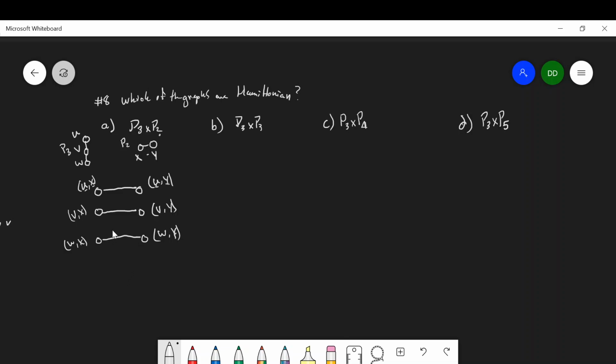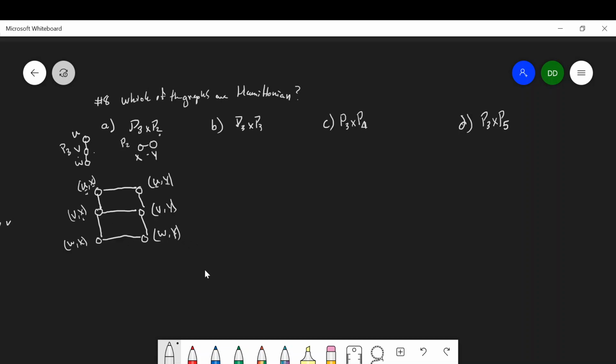And then, do I have any others? Yeah, it also tells me you draw an edge if the first coordinates are adjacent in the first graph and the second coordinates are the same. So for these ones that end in x, like this one and this one, u and v are adjacent in the first graph, and so these would be adjacent here. Same thing down here. Notice I wouldn't draw an edge from WX to UX because u and w aren't adjacent in the first graph. And then the same thing over on this side.